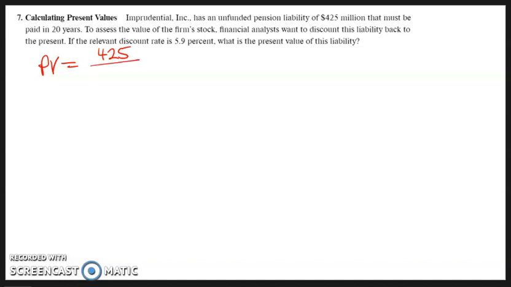Sometimes it's easier to leave out the zeros when you're doing these calculations, but that would just be divided by 1.059 to the 20th power. And that should give you 135.042 million.